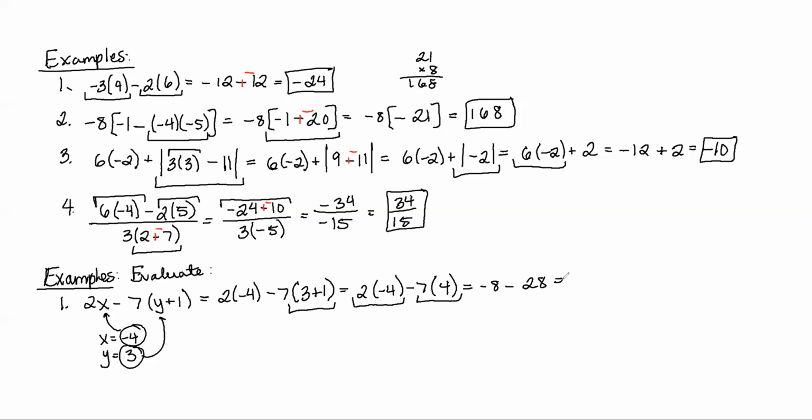And now our last step, we want to add the opposite. -8 plus -28, they're both negative, so we get a negative when we add. And we get -36.